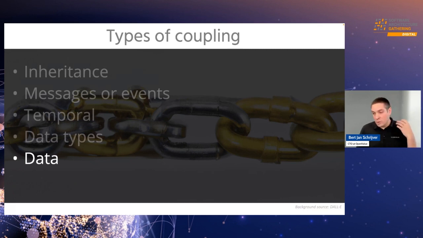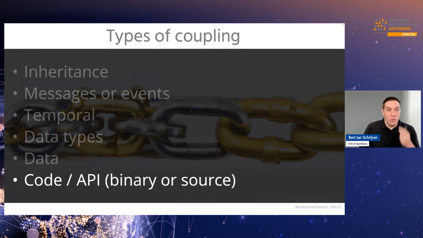So if you depend on specific pieces of data to be present in, for example, a database, component A writes to a database, component B reads a field, you can have the same problem. And the most common thing is, I think, on code or API level. So you depend on some piece of code or some piece of API, either a source dependency or a binary dependency in a library. And coupling in itself is not bad.